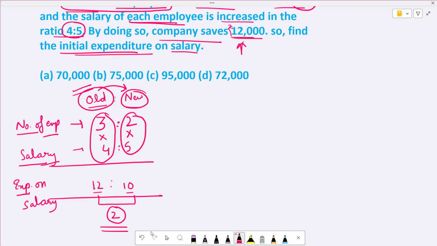Now, one observation that we have been making since the past questions is whenever there are cases regarding divide and multiply, we do not really have to equate these, right? And also the major cases of multiply and divide are in the cases of number of employees, salary, then expenditure on salary itself. So we just need to identify the type and what the question is asking.